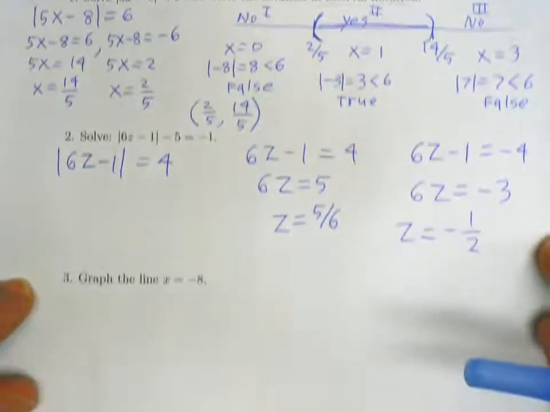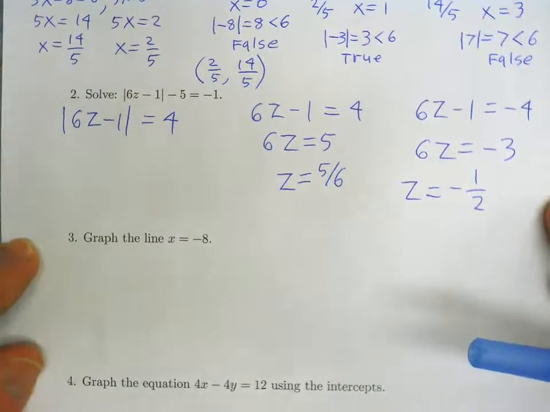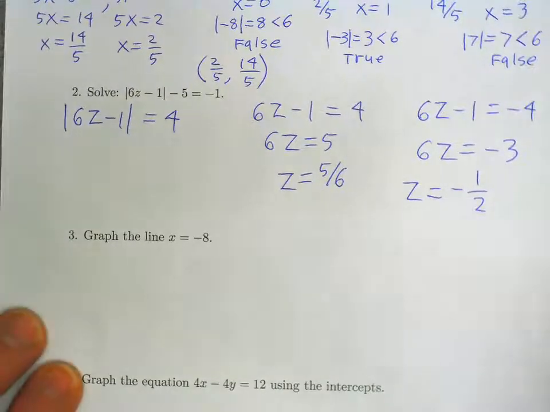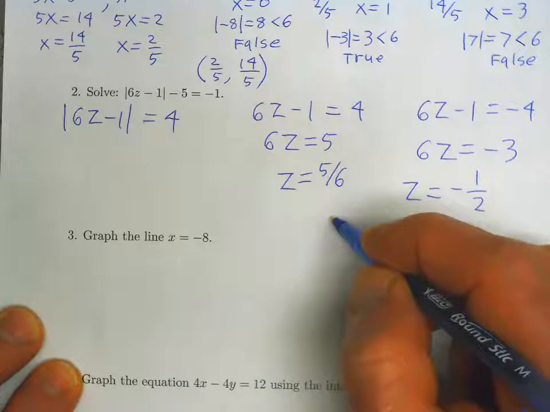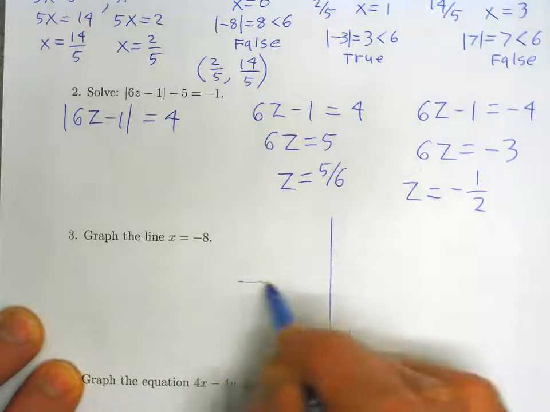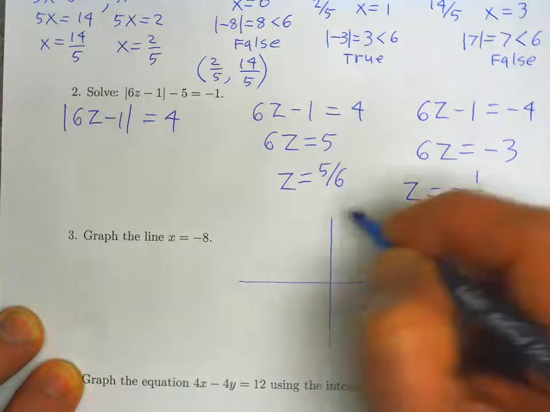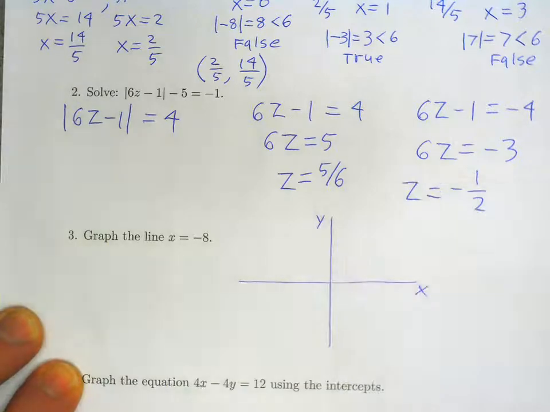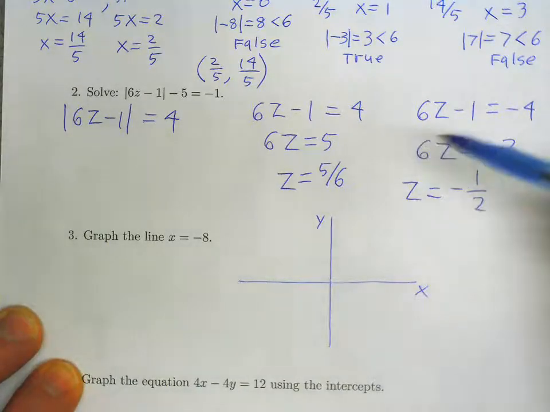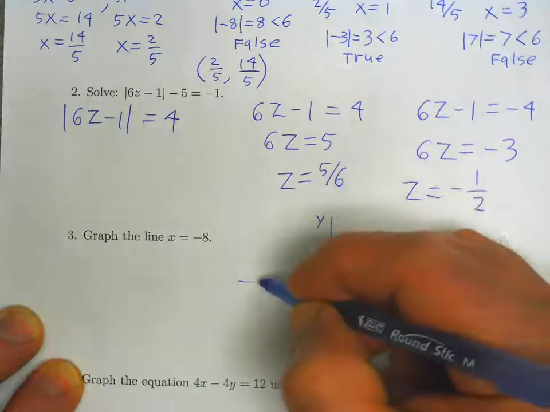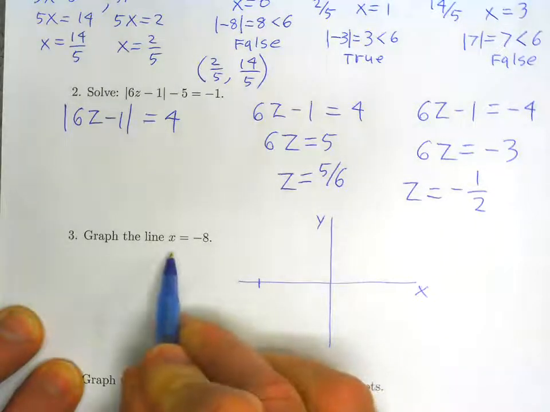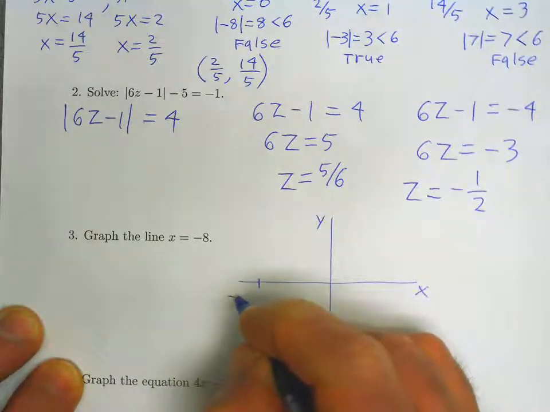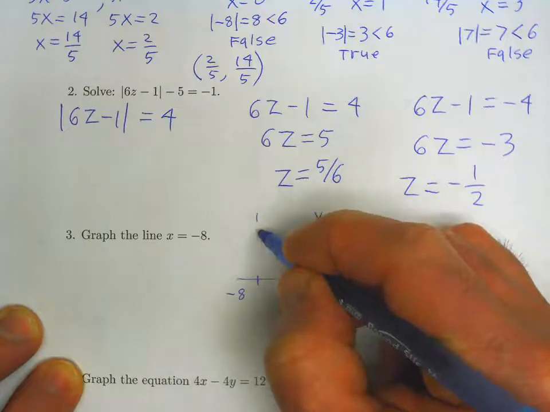Okay, number 3, it says graph the line x equals negative 8. So in the xy plane, the x-axis is the horizontal axis, and the y-axis is the vertical axis. But the line x equals negative 8 is a vertical line.